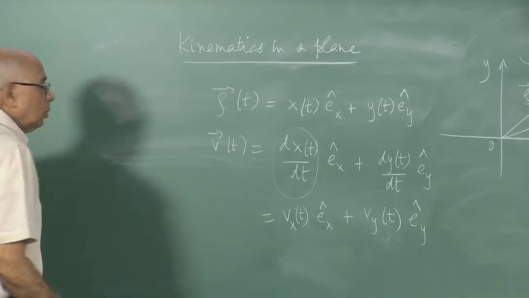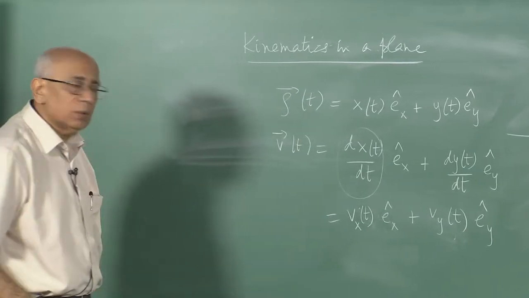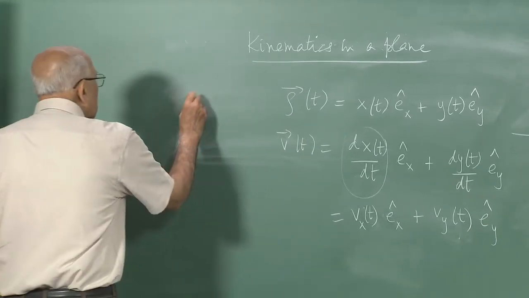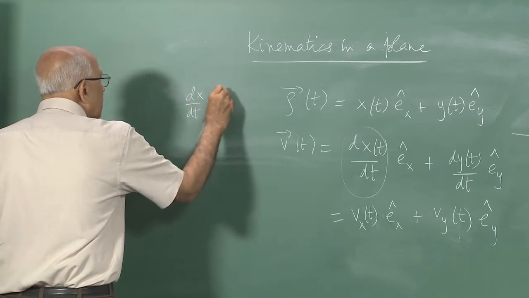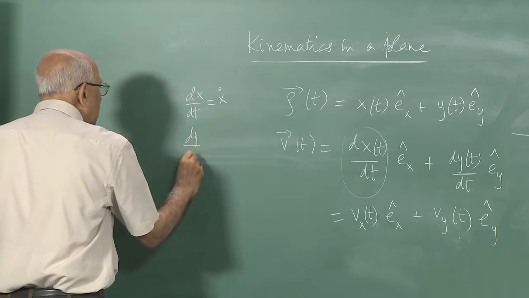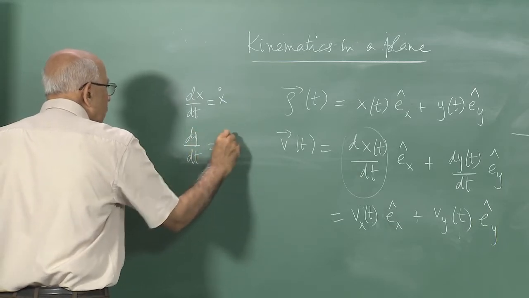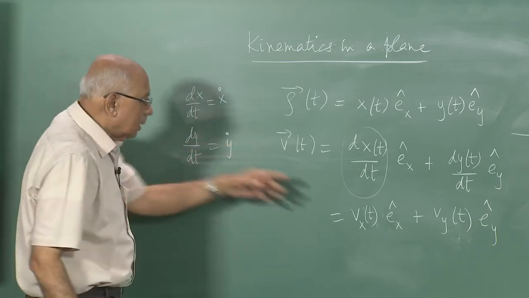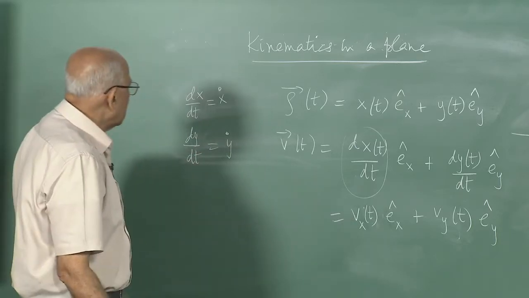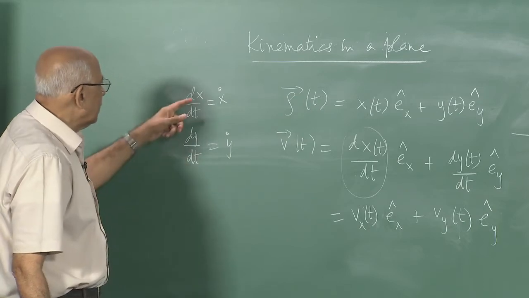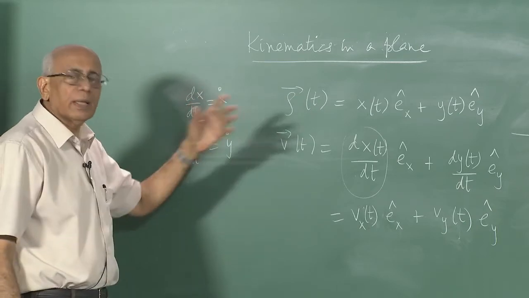Very often one uses an overhead dot to indicate the time derivative. So very often one uses a shorthand notation in which this is x dot and dy over dt is written as y dot, and x dot and y dot are each functions of time. The second derivative will involve a double dot and so on.